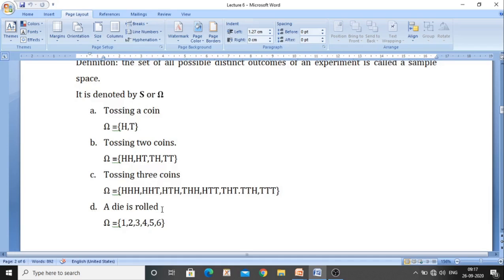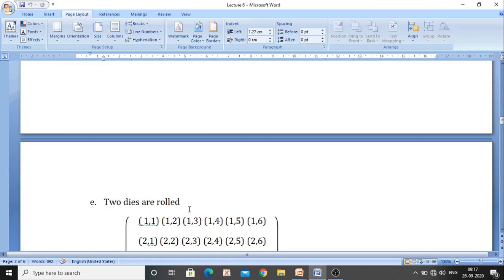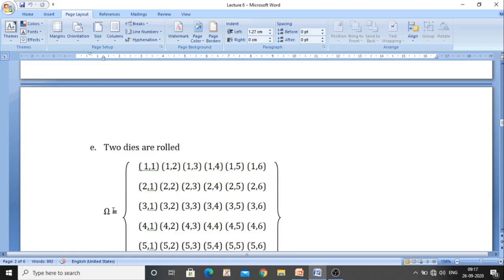Next, a die is rolled. A die is rolled means a die is tossed, or we are rolling a die. The possible outcomes are either 1, 2, 3, 4, 5 or 6. That is the sample space for rolling a die. Now suppose two dice are rolled, then the outcomes are (1,1), (1,2), (1,3), (1,4), (1,5), (1,6).